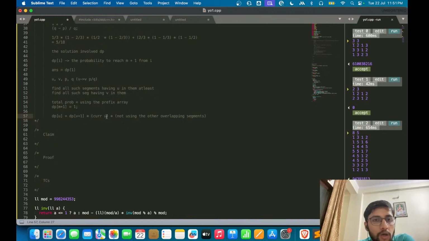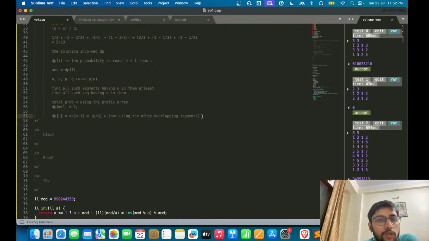So if I take the current segment, what is the probability for the current u? This is p by q simply, and this is the probability of not using all the other overlapping segments. The segments that are overlapping must not be used when we are using the current segment, and overlapping segments can be found out easily.